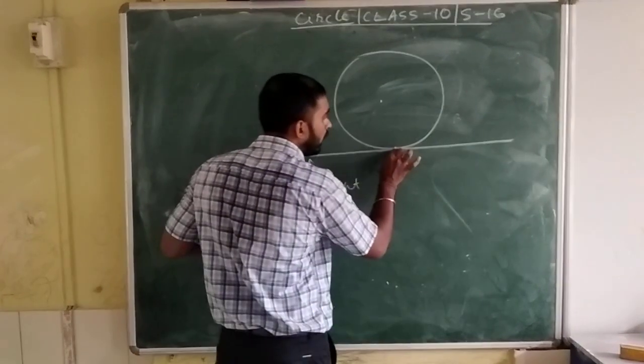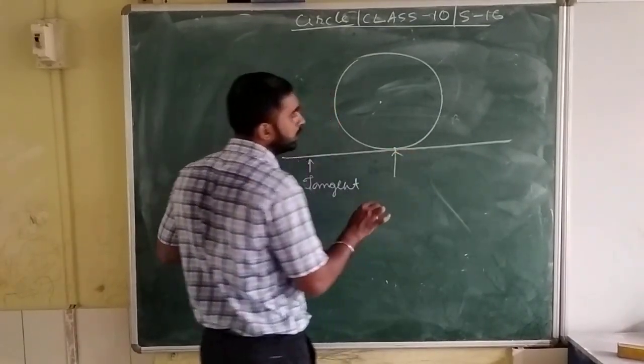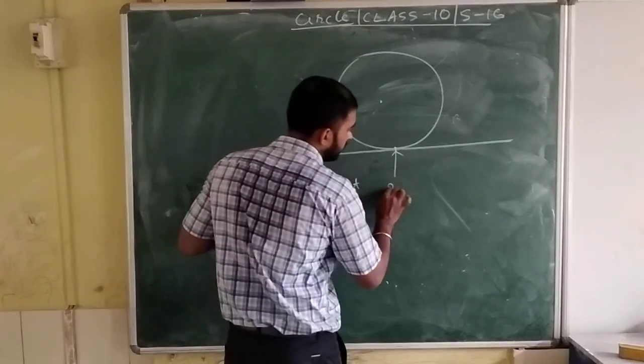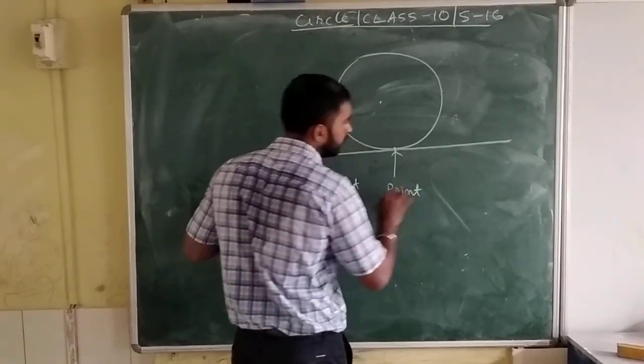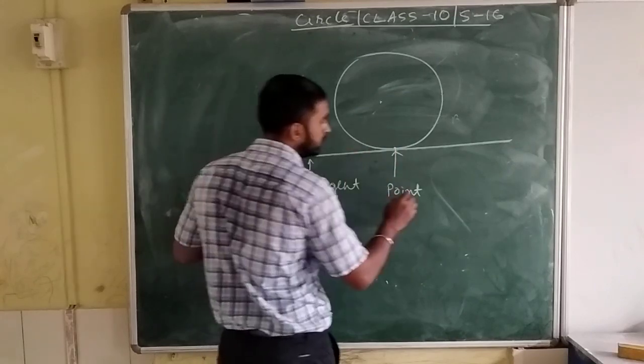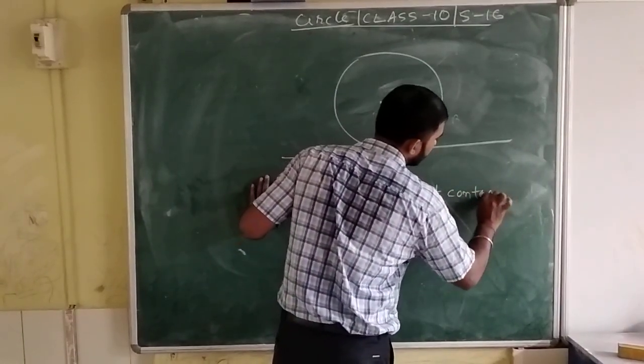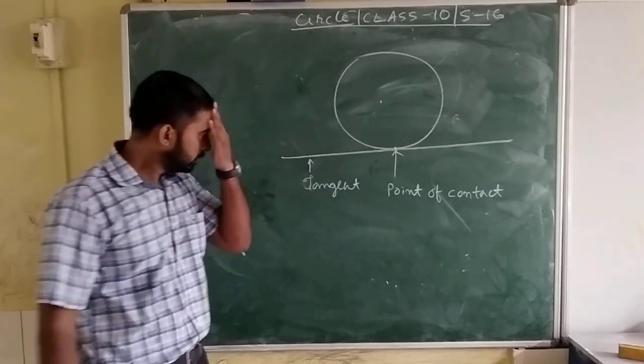The point where the tangent touches the circle is known as the point of contact. Got it?